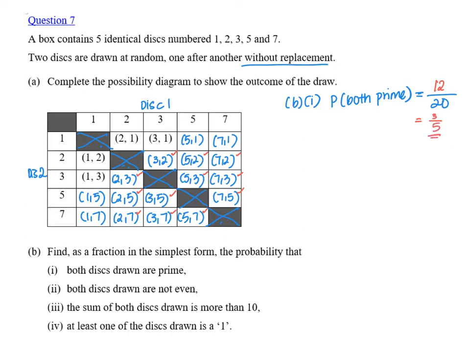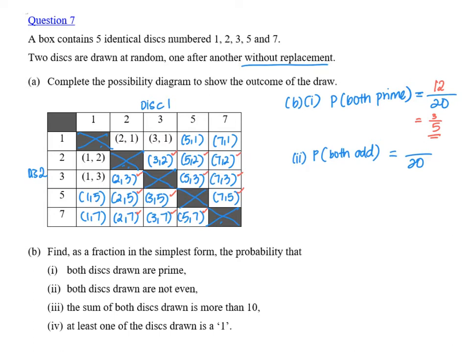Answer. Okay, now let's take a look at B part 2. Part 2 says that both these drawn are not even. So that means both of them are odd. So for a total of 20 cases, for both of them to be odd numbers, we have quite a few.